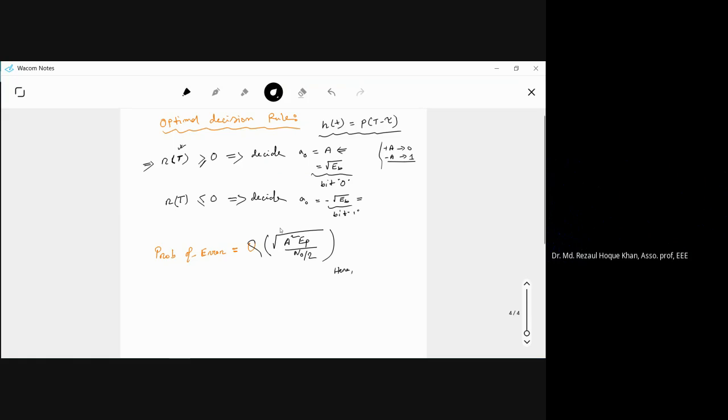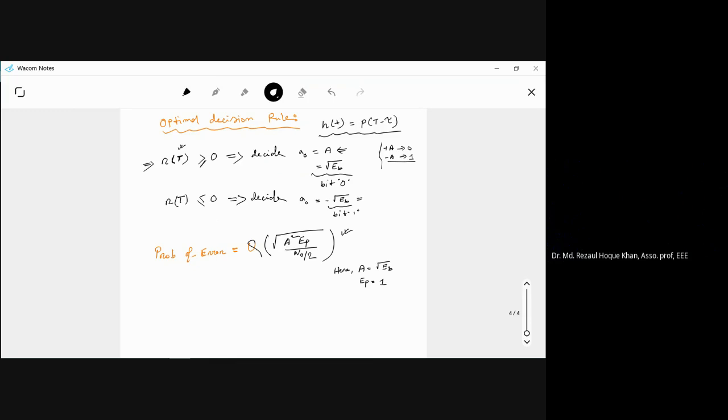Now we will use this general expression and apply it to our BPSK, binary phase shift keying. Here a is the square root of Eb and Ep is 1, normalized to unity. We just did it earlier.